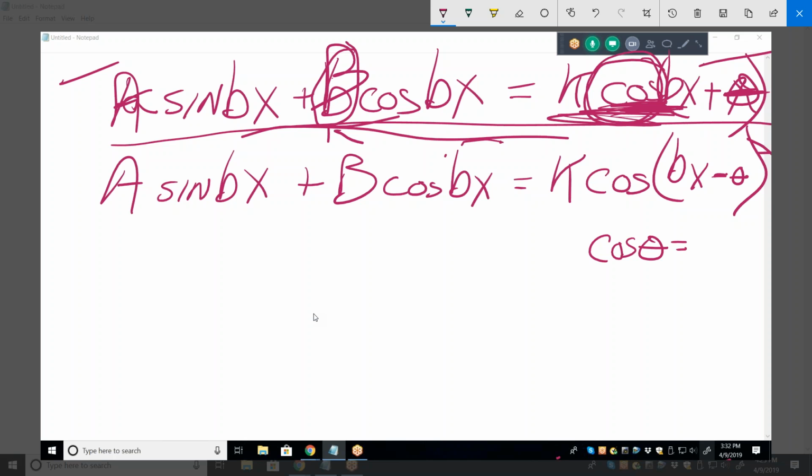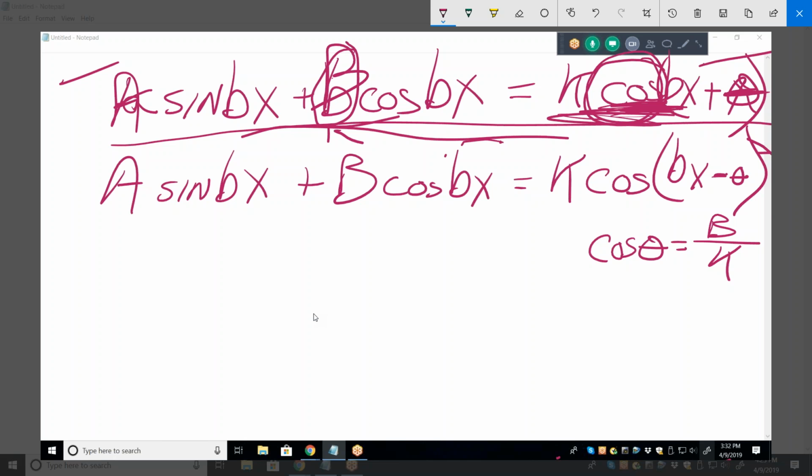Oh, okay. So for this one, I want to make sure I don't mess this up because I've got two different equations. So the cosine of theta would be b over k. Capital B or little b? Capital B over k. Okay. Which means we know what capital B and K are for our problem, so we can figure out what theta is.